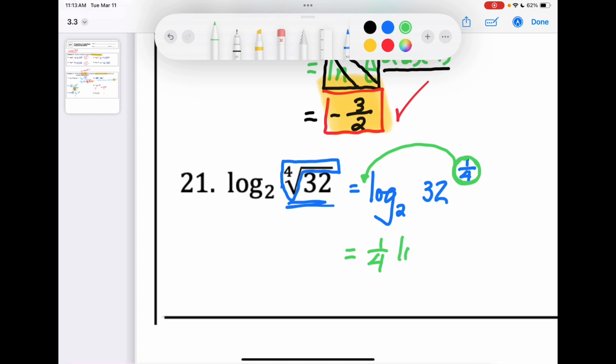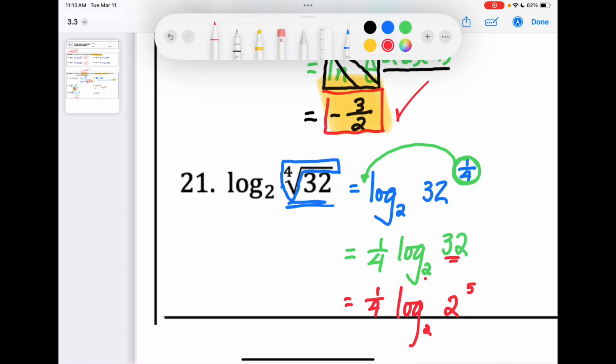So now I can do the housekeeping. That gives me log base 2 of 32. You have an idea, all about the base. The base is 2, but 32, I know something about the 32. I can write it as 2 to what power? We say that the power will be 5, right?